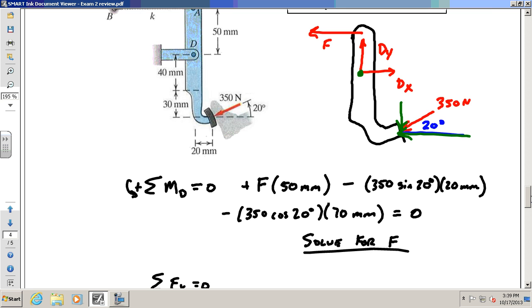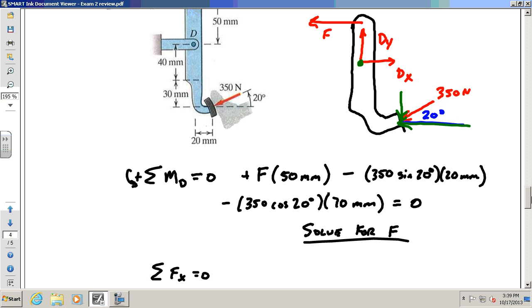The sum of the forces in the x direction equals 0 is going to say this. I'm going to say right being positive. It's going to say minus F plus Dx minus 350 cosine 20 equals 0.